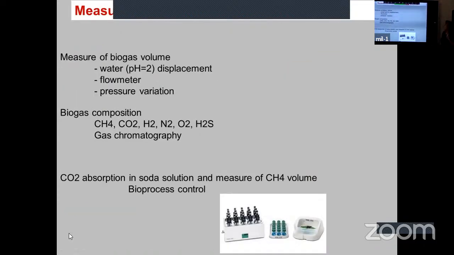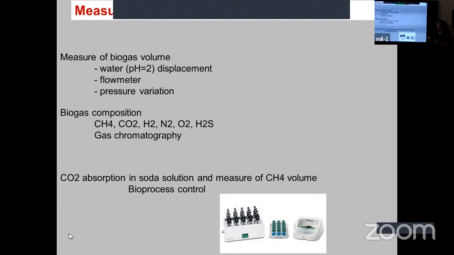After, we have to measure the volume of biogas which is produced. You can do it by water displacement. That means you bubble your biogas in some acid water, to avoid CO2 absorption, and you measure the displacement volume.